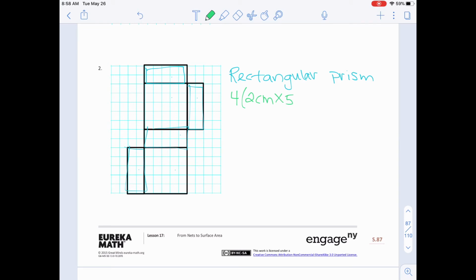I'm going to write it a different way. I don't want to use that x. 2 centimeters times 5 centimeters. So I don't have to multiply it by 1/2 here because these are rectangles, not triangles.